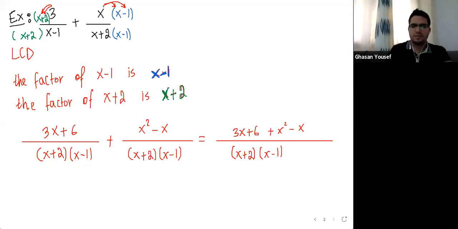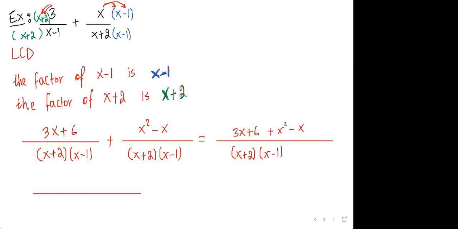Now we can simplify the numerator. What is the simplified form? Who will help me? What is the final answer here? Combine like terms. Who will do the combining of like terms? 3x minus x.